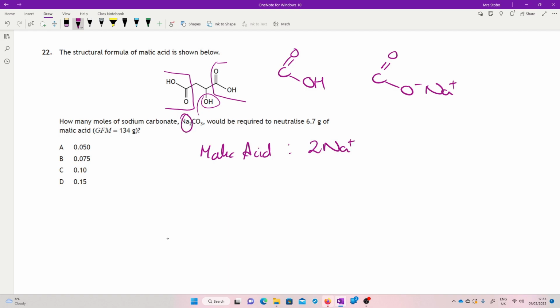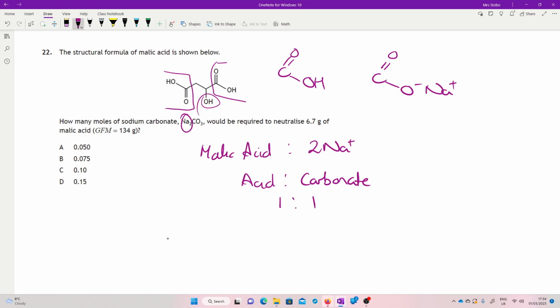And if we look at what we've got here, we've got 2 of them in each sodium carbonate. So for my acid to carbonate, I've actually only got a 1-to-1. It's a little bit of extra work to get where you're going with that, but you can just do that whichever way you want to. But I can see how you could go weirdly wrong in several different places, so just be really careful.